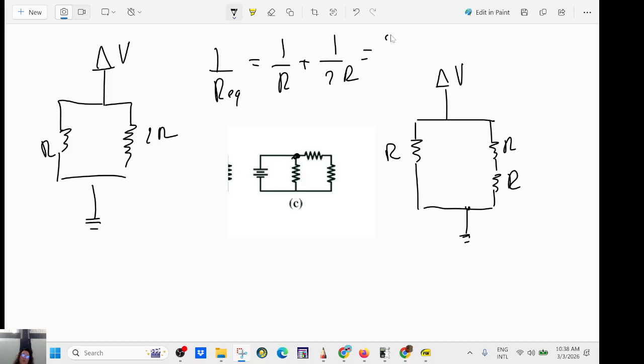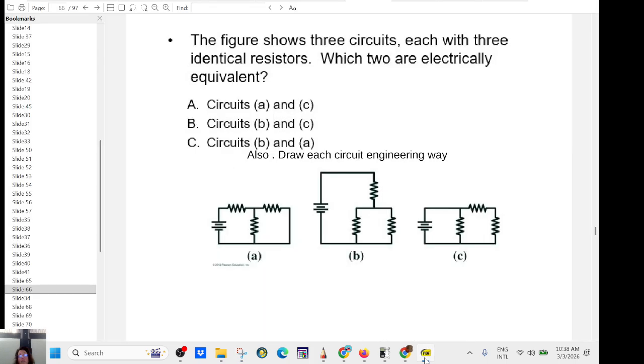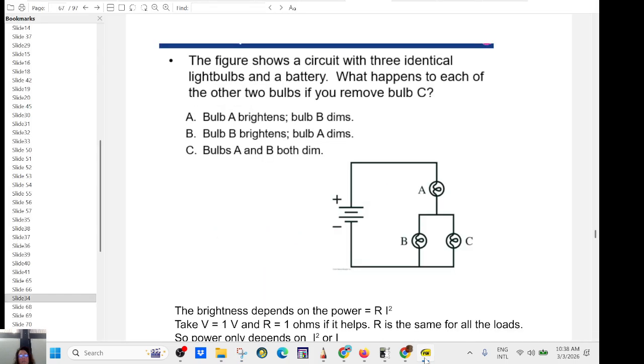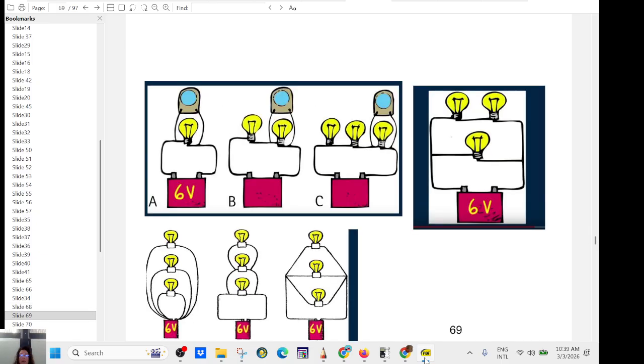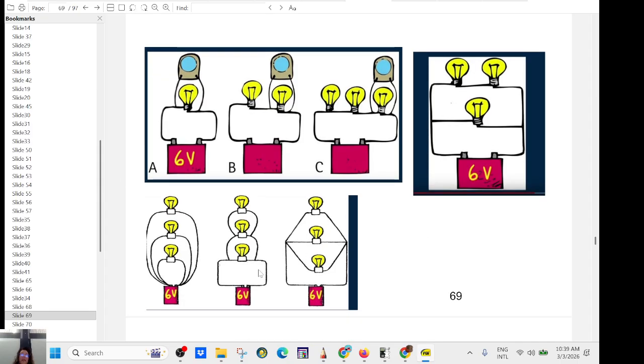That's 2 plus 1, 3. Okay, this one I'm skipping. You can think about that. Okay, let's just have fun.